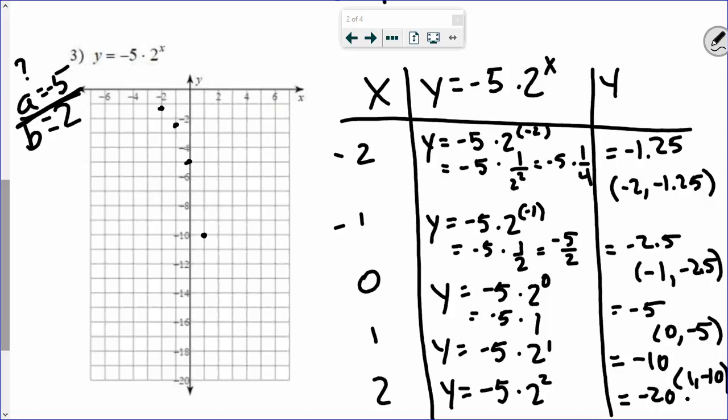So (2, -20) is on our graph, and that's where the graph actually stops. So we're connecting our points. This one all is occurring below the x-axis. All of these y values were negative, and that's also because of our a being -5.